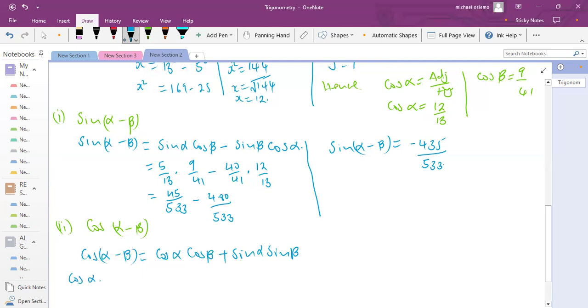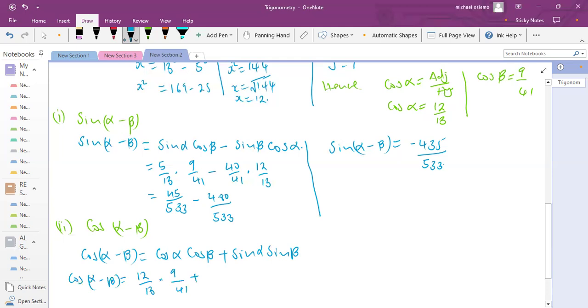So cos(alpha minus beta) is equal to, what is cos alpha? Cos alpha is 12/13 multiplied by, what is cos beta? Cos beta is 9/41. Then plus, what is sine beta?